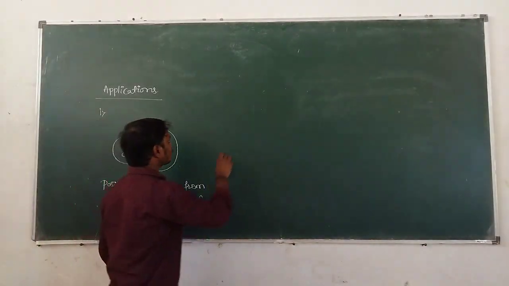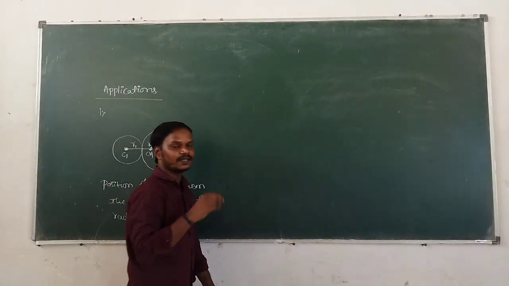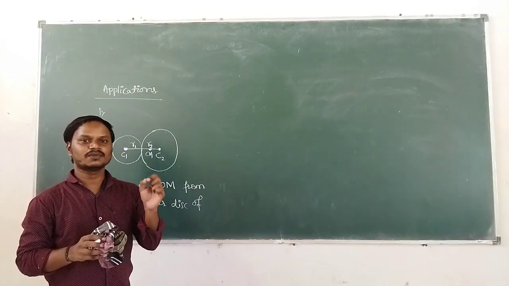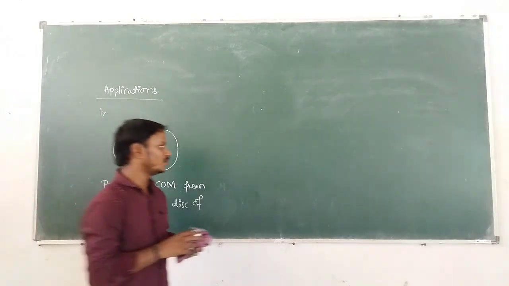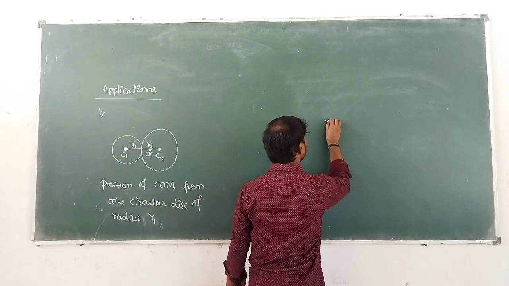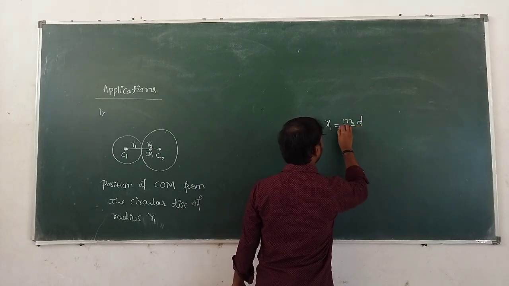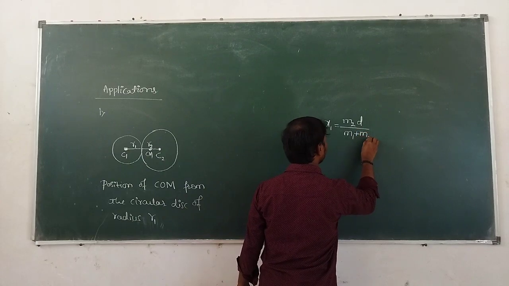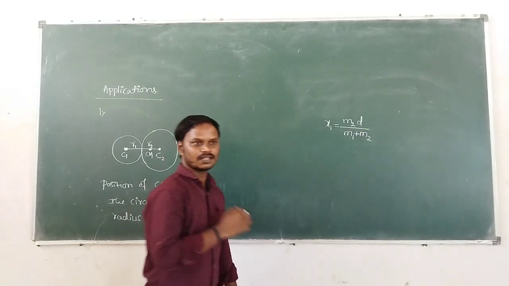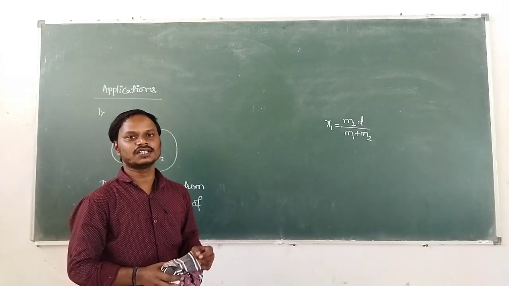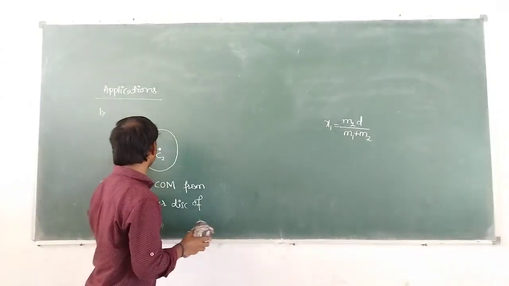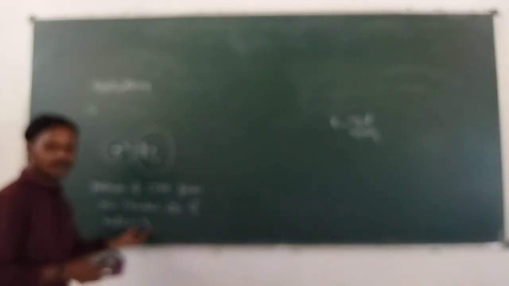See here, what is the formula to find the position of center of mass relative to the first particle? That formula is x1 is equal to m2 into d divided by the total mass of the system, that is m1 plus m2. By using this formula, we are going to find the position of center of mass relative to the circular disc of radius r1.